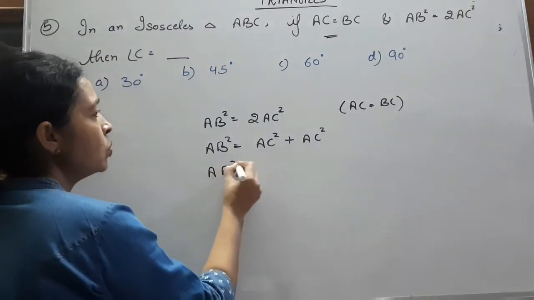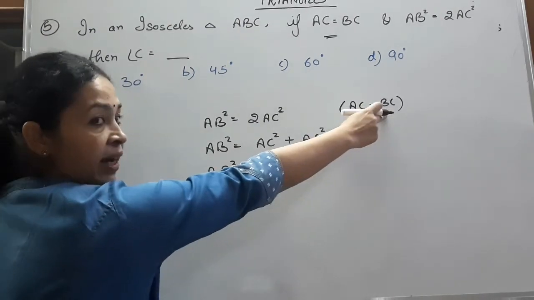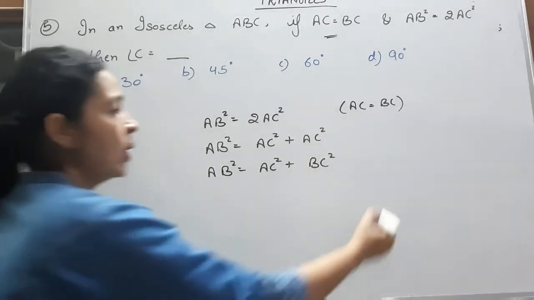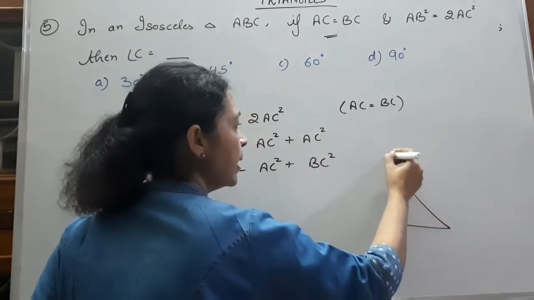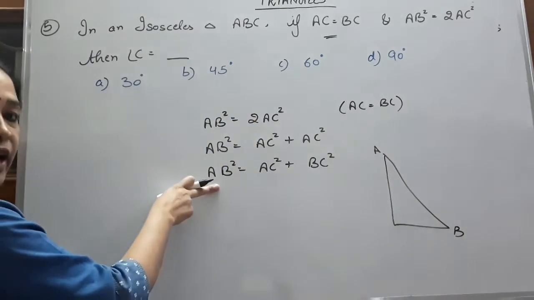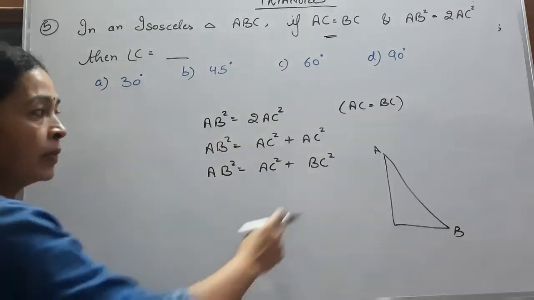AB squared equals AC squared plus, in place of this AC we can write BC, BC squared. Now in Pythagoras theorem we have hypotenuse squared equals base squared plus perpendicular squared.